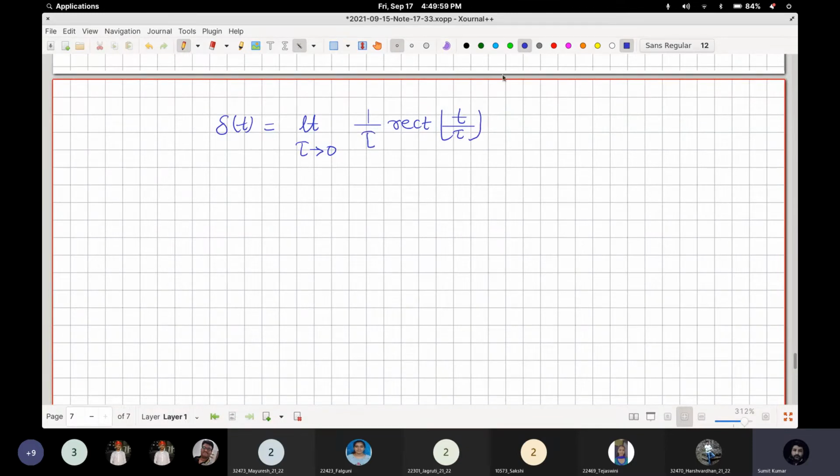So this rectangle, rect t by tau, will be denoted by this. Let me just draw that. So this is your rectangle. Its height is equal to 1, and its duration is tau here.